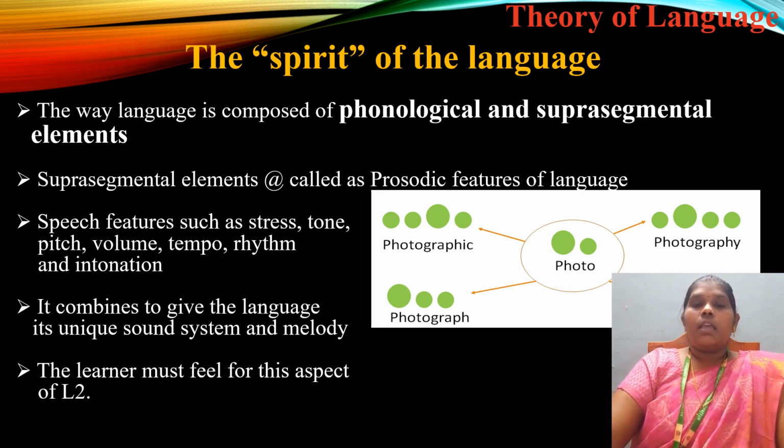When we say prosodic or suprasegmental, it is the speech features like stress, tone, pitch, volume, tempo, rhythm, intonation. These are called the suprasegmental elements or the prosodic elements of a language. Can you tell it? Stress, tone, pitch, volume, tempo, rhythm, and intonation.